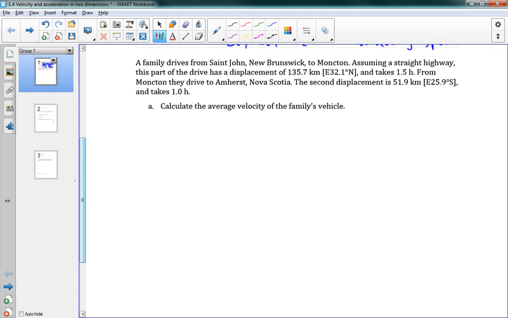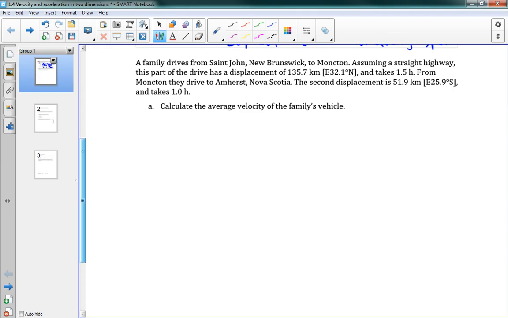So this problem says that a family drives from St. John, New Brunswick to Moncton. Assuming a straight highway, this part of the drive has a displacement of this much, and it takes that long. I'm not going to read all the numbers. From Moncton they drive to Amherst, Nova Scotia, and the second displacement is that much. It takes that long. We want to calculate the average velocity of the family's vehicle.